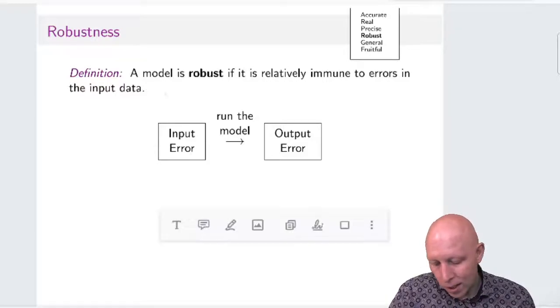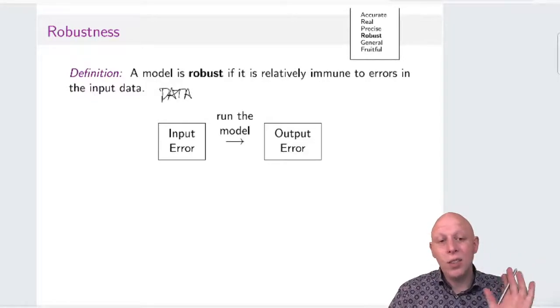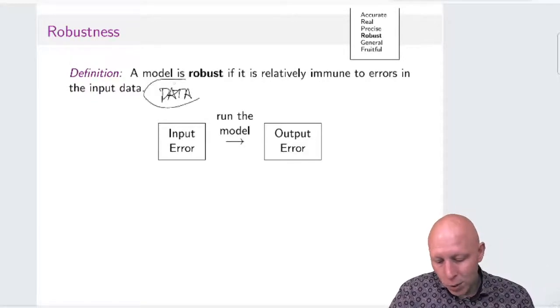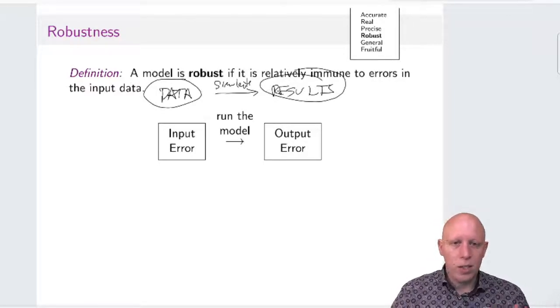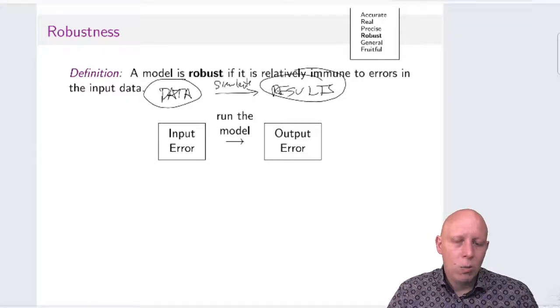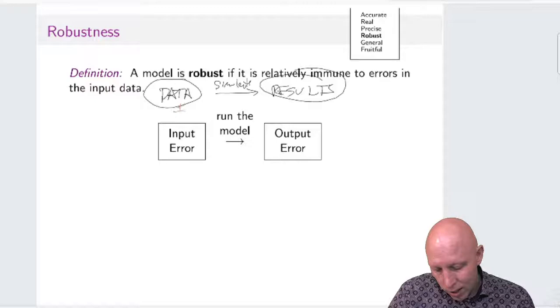So think about your simulation process. You've got some input data that you are putting into your model. You use that to create your model. After you simulate, you get some results. When we talk about robustness, what we want to know is, let's say that there are some errors in the data.